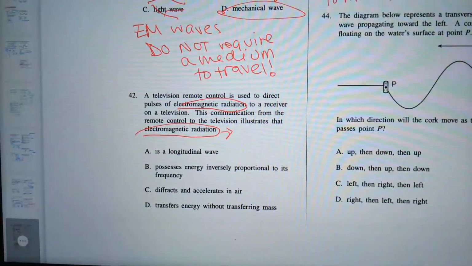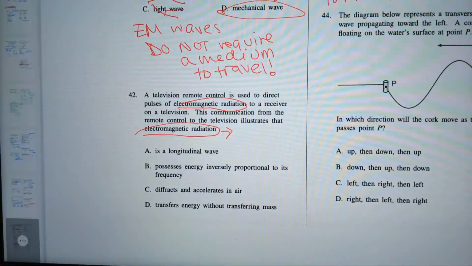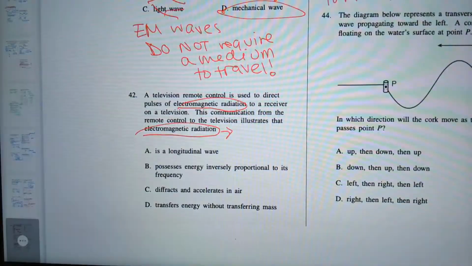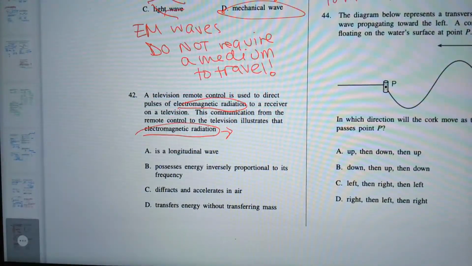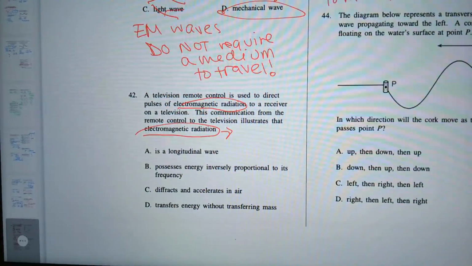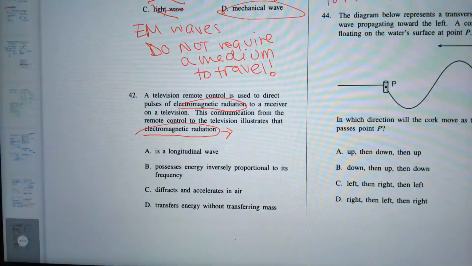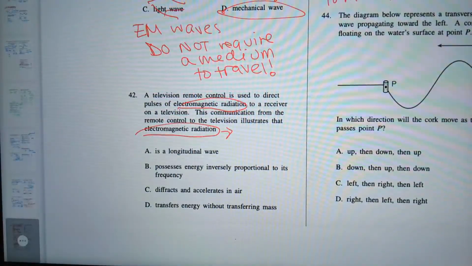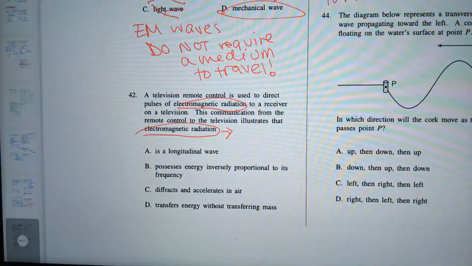So if we look at our solutions here, is it a longitudinal wave?